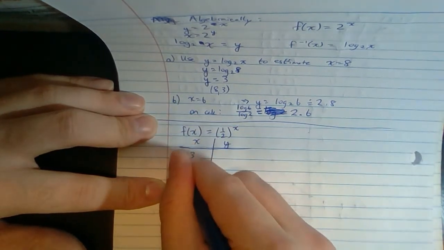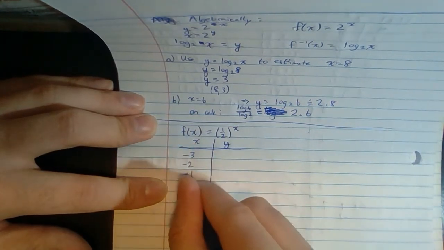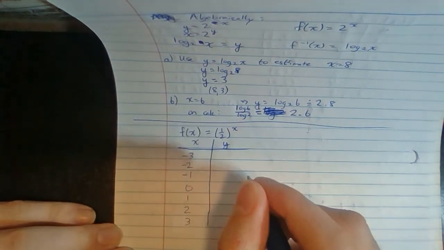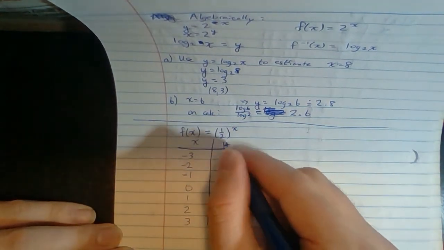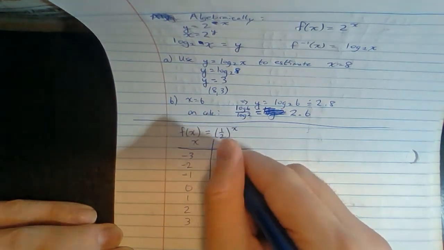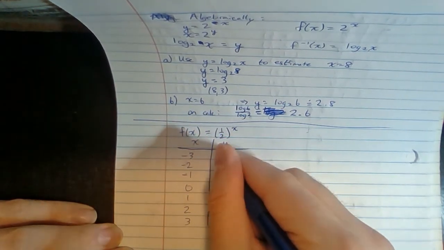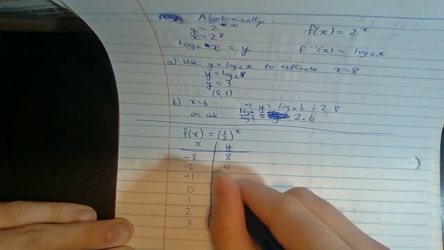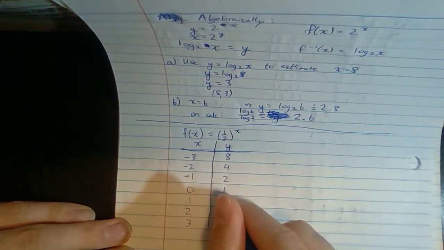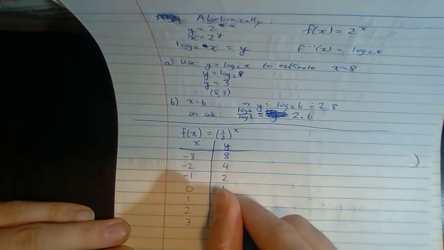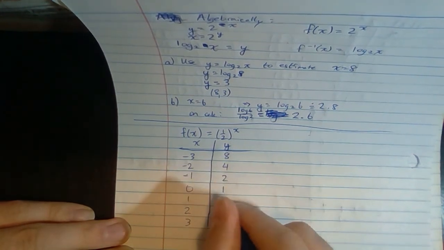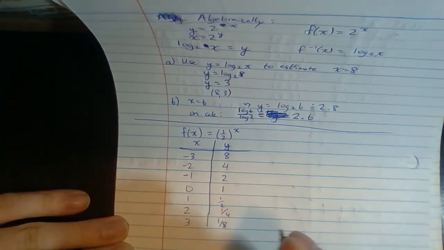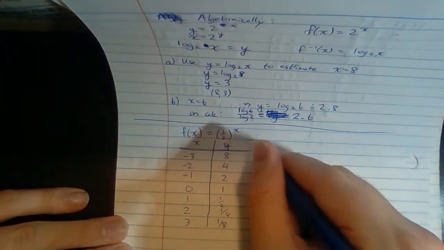Look from -3 to 3. 1/2 to the -3 is 8. 1/2 to the -2 is 4. 1/2 to the power of 0 is 1. 1/2 to the 1 is 1/2. 1/2 squared is 1/4. 1/2 to the power of 3 equals 1/8.